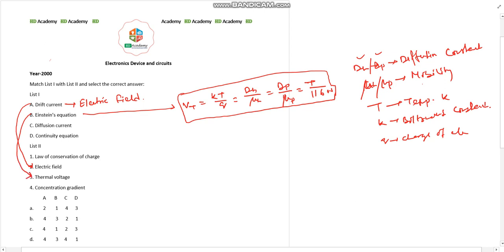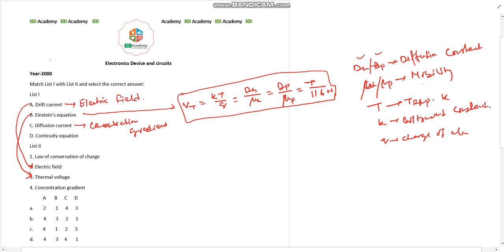Then diffusion current is due to concentration gradient. We know that in a pn junction there is a concentration gradient of electrons and holes, so the diffusion current will flow. So this is option 4, concentration gradient.